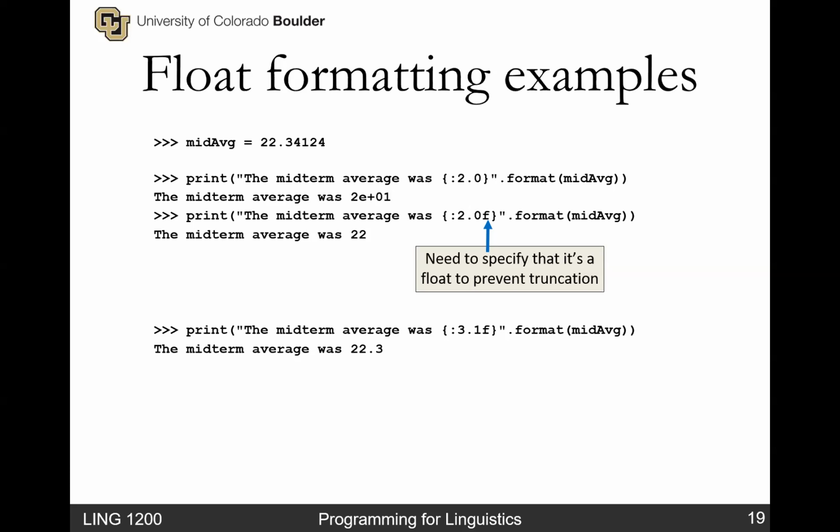In this case, we have the same thing, except in the curly brackets, we have 3.1, and it's printing out 22.3. So notice the difference here. Here we've got 2, point, 0, and here we've got 3, point, 1.